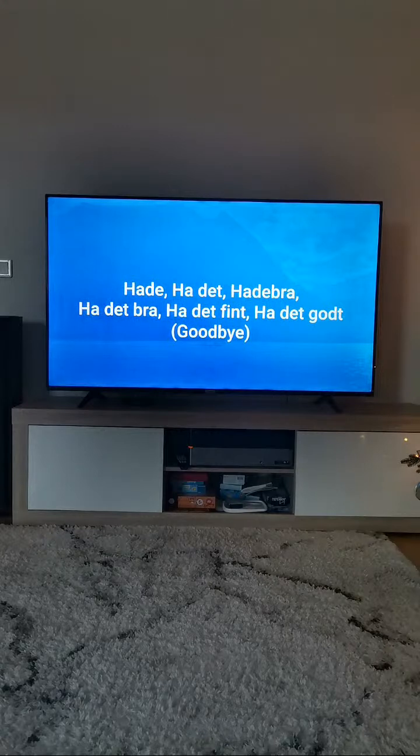So let's go through these. Ha det, ha det bra, ha det fint, ha det godt. All of these literally mean the same thing, and that is goodbye. It doesn't matter which way you write it either. All of these are correct ways of writing it.